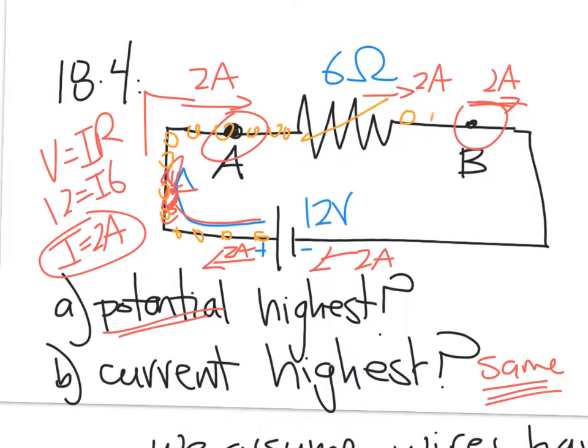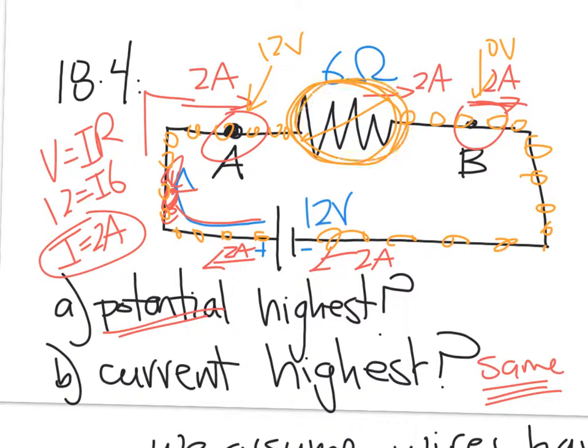By the time they're through the resistor, they have zero potential, and they just scoot along the wire because there's no resistance back to the battery. So the potential would be 12 volts here, and 0 volts here. We say that the voltage drop across the resistor is 12 volts. All of the voltage of the battery is used up across the resistor. So potential is highest at point A.